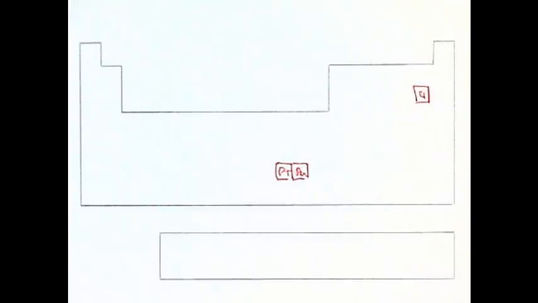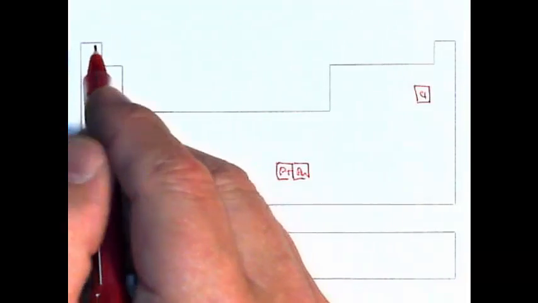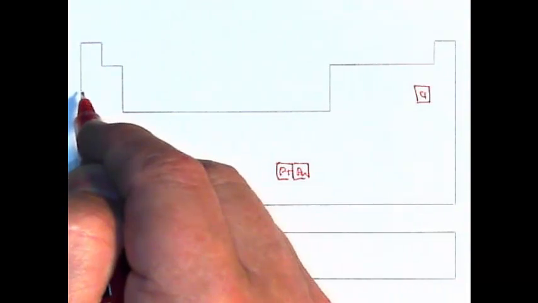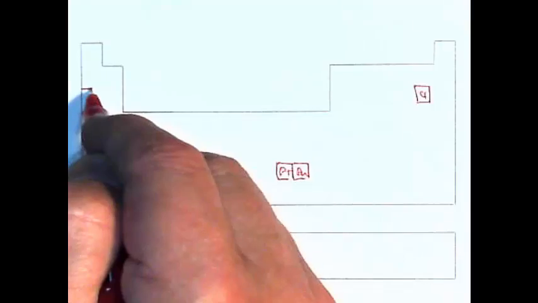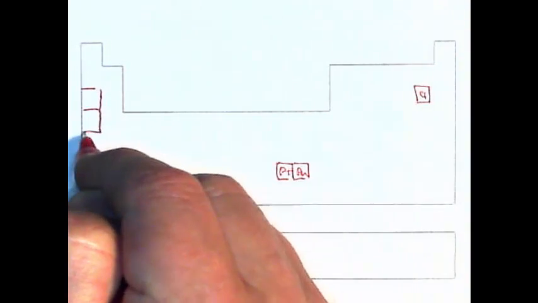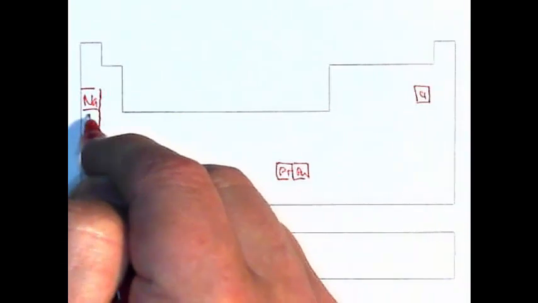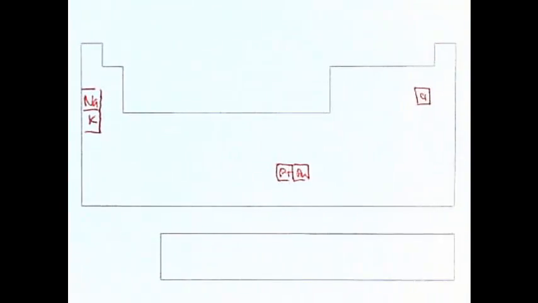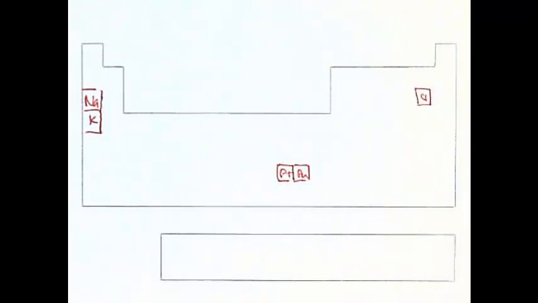But the reason it reacts is different from the reason that potassium and sodium over here react, okay? All right? So these are both regions of really high reactivity, okay, on the right and left sides.